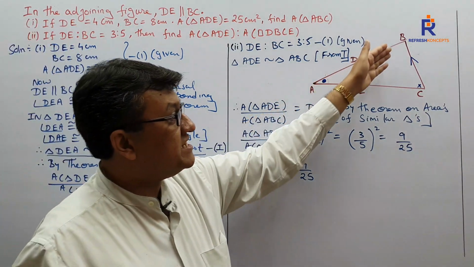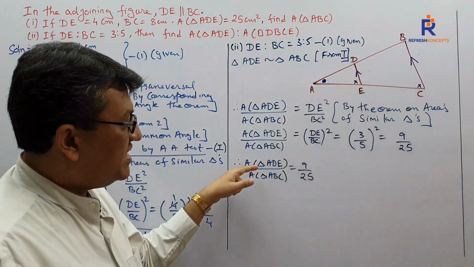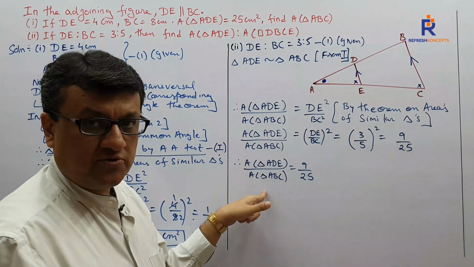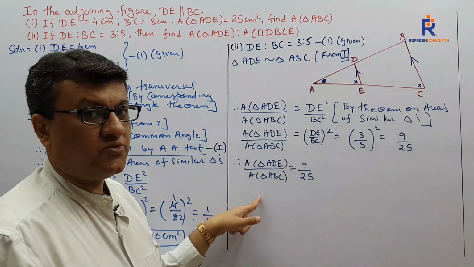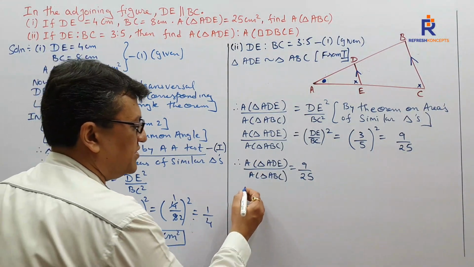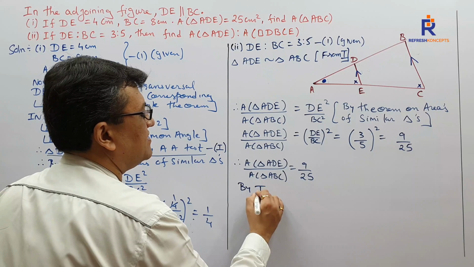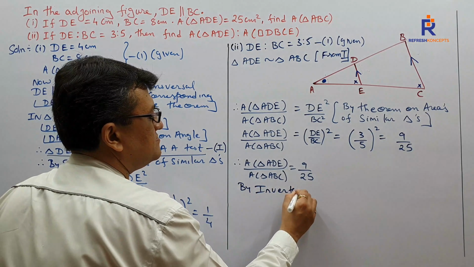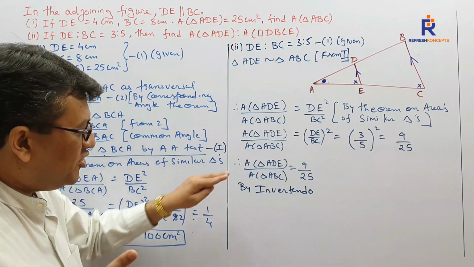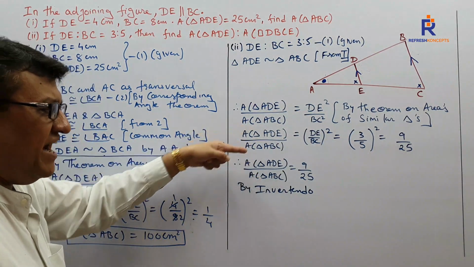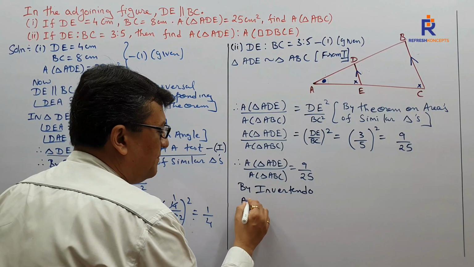But sir, it is bigger minus smaller. If you apply dividendo at this stage, it will be smaller minus bigger. So the very first step which is going to come over here is invertendo, flip. So we have the bigger one above.